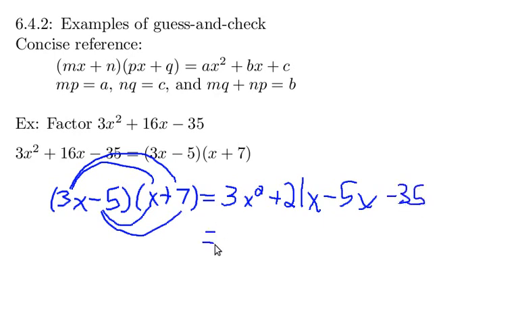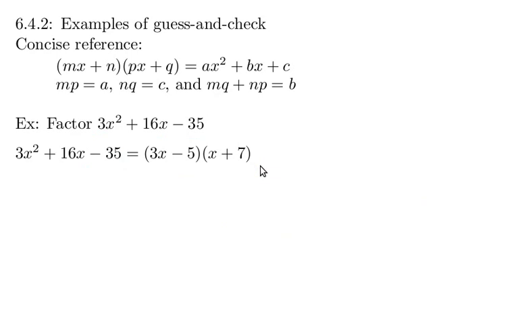Combine like terms, we'll get 3x squared plus 16x minus 35. And that is the problem that we were originally given. So we know we most likely did it right. So that means that this is going to be our final answer. Let's clear that off. This is going to be our final answer. So we'll box that, and that'll be that. Now let's go on to the next example.